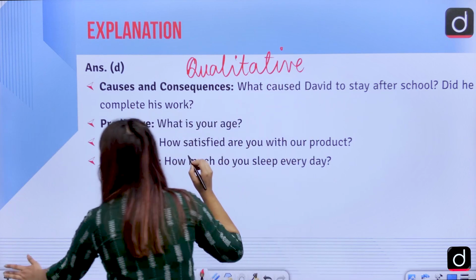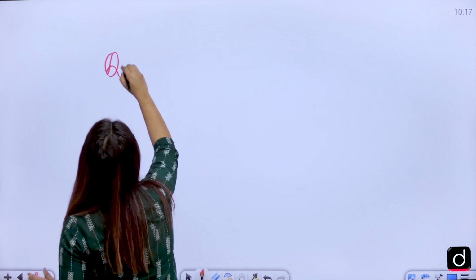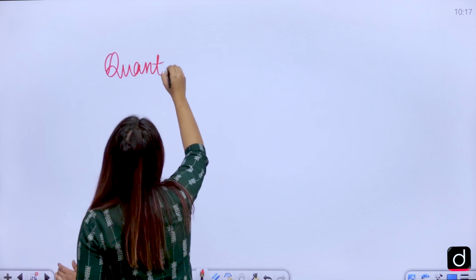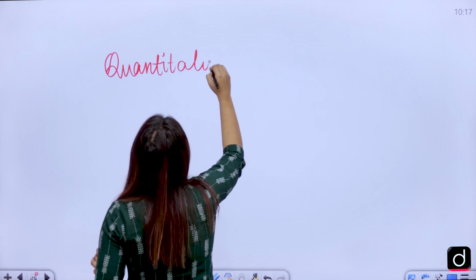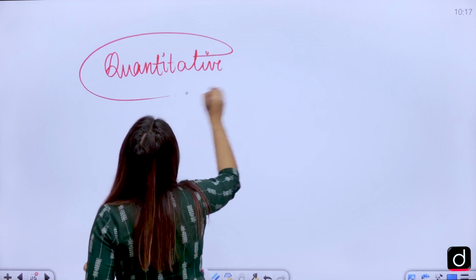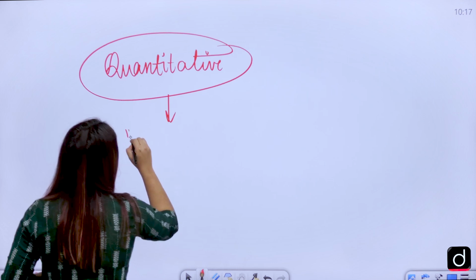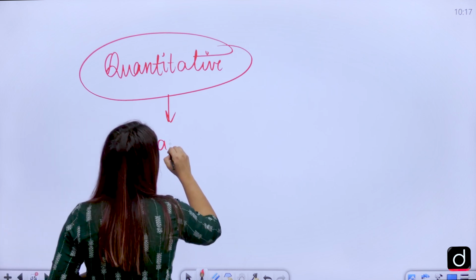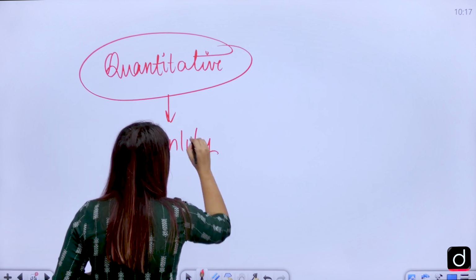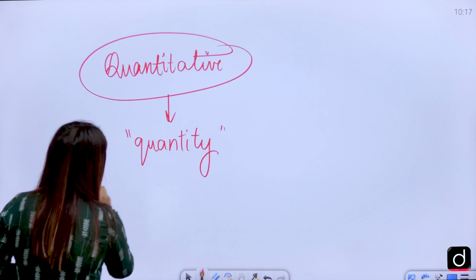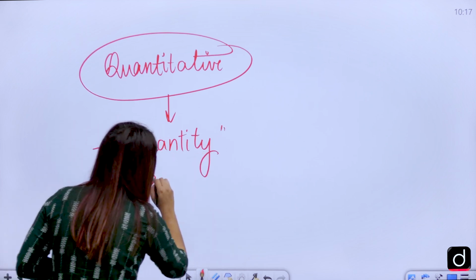Now, let me just tell you that if we talk about quantitative research, the name itself suggests that it is talking about some kind of quantity which can be measured.